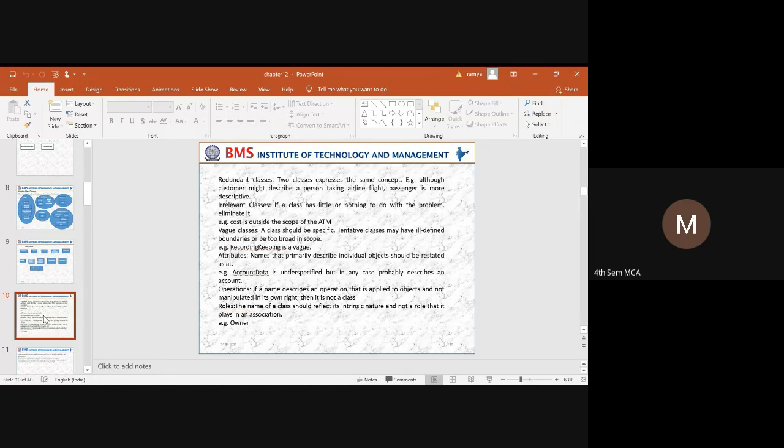When you come across security, you can have end-to-end security, for transaction security, for whatever transaction a customer is making. So security is a broad, vague term that you cannot take as a name of a class.